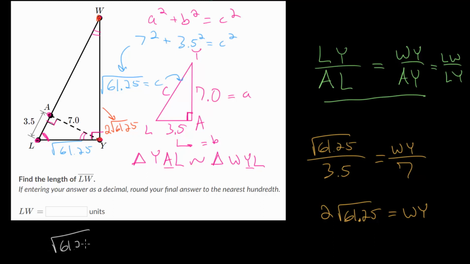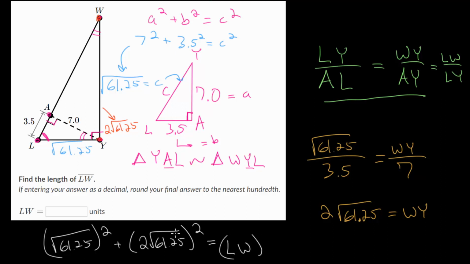So we have the square root of 61.25, and we'll square that, plus twice the square root of 61.25, and we'll square that, and this is equal to the hypotenuse, WL, and actually let me write it as LW since that's what the problem asks us to find, and we'll square that.